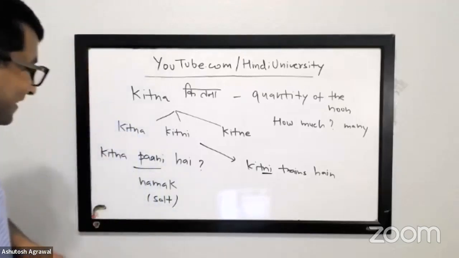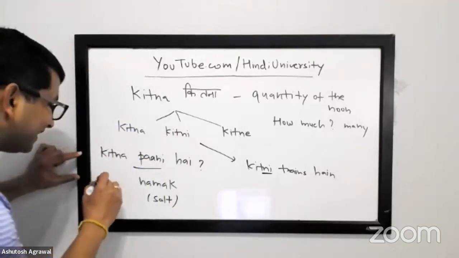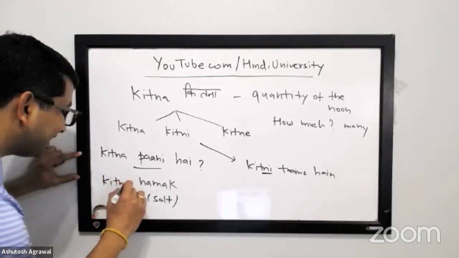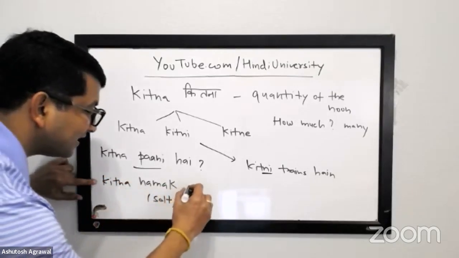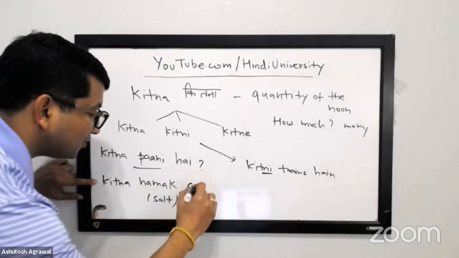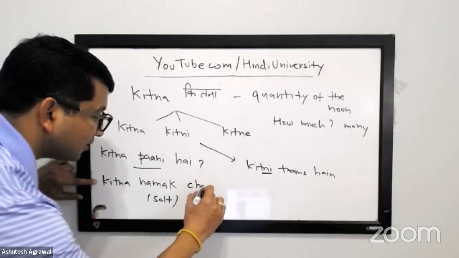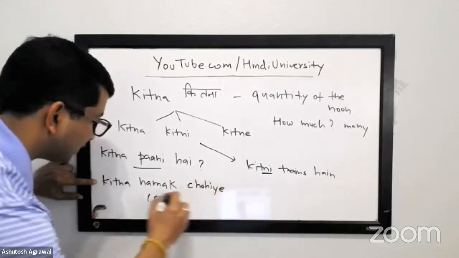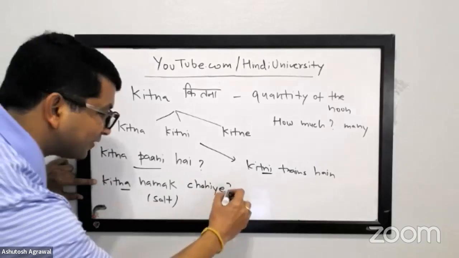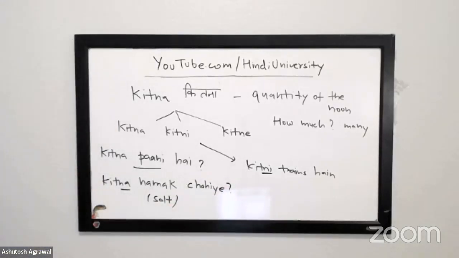I think I gave the answer again. So it would be kitna namak chahiye. I don't know if salt is feminine or masculine, so it's basically kitna. Chahiye was the key word, right? Kitna namak chahiye.